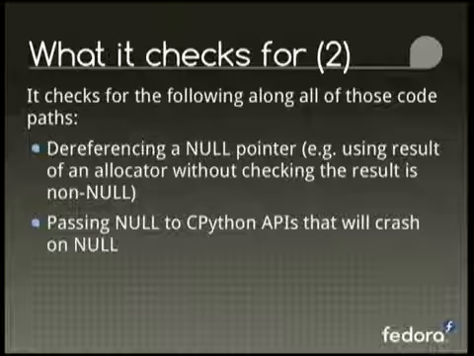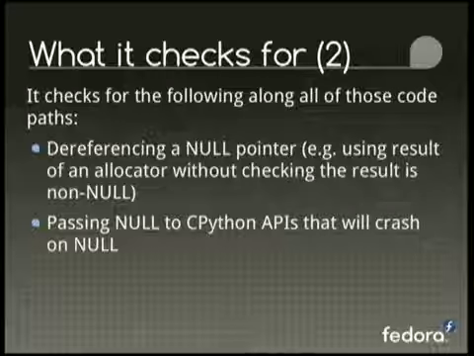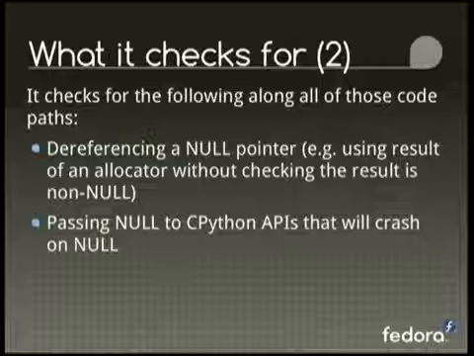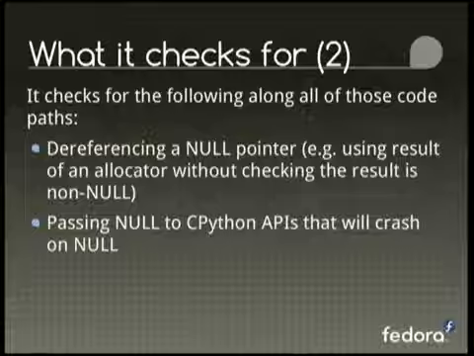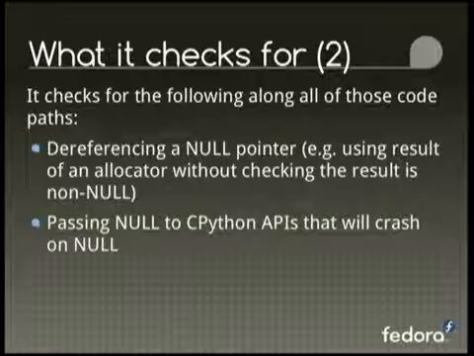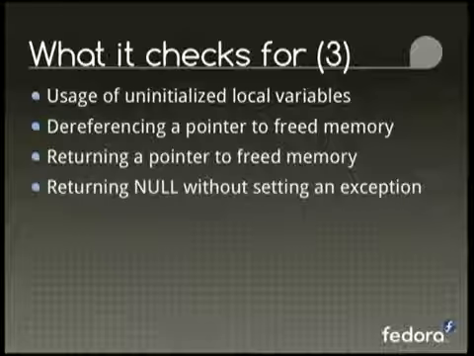And so it will consider the case where PyList_New fails, considering that to be null, and give you a warning that you'll have a crash here because of a null. Similarly, many of the CPython API calls require you to pass in a non-null value, and will again typically crash the interpreter if you pass in a null value. And so cpychecker will warn you when you mess that up, or if you fail to have error checking. Plus, there is some additional checking it does on every path through the code, which I give on this slide.